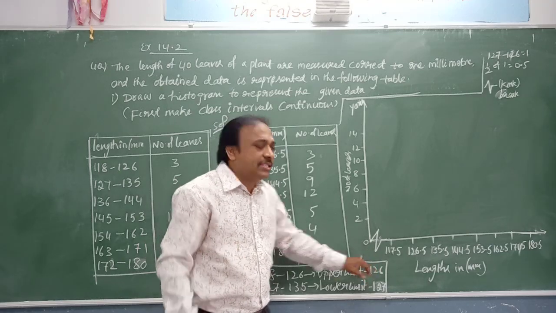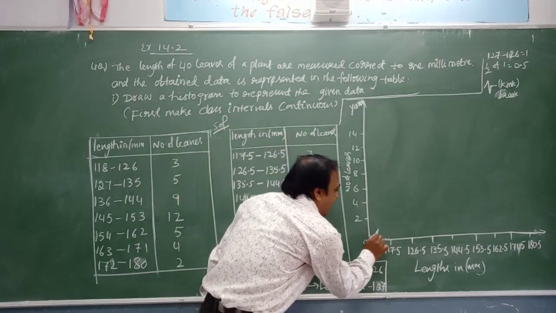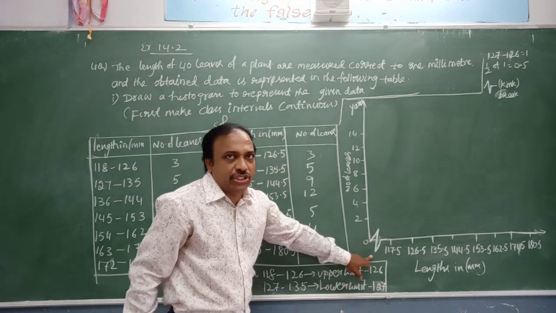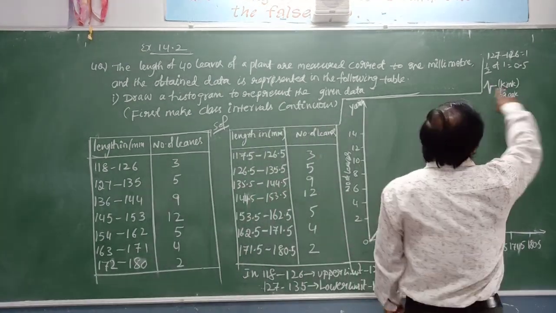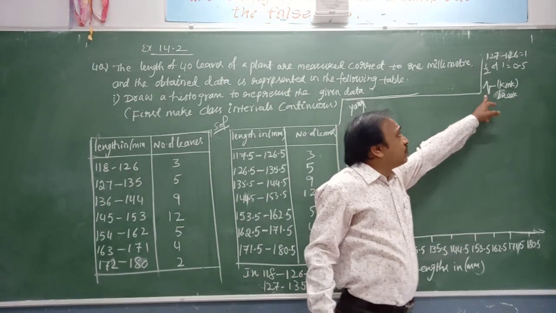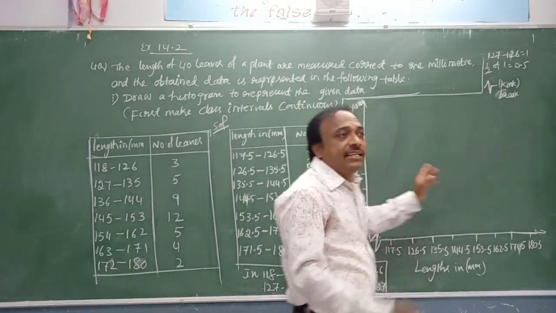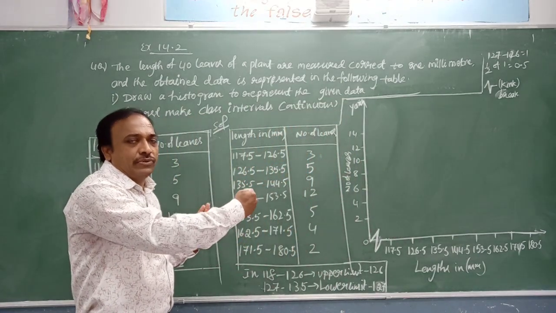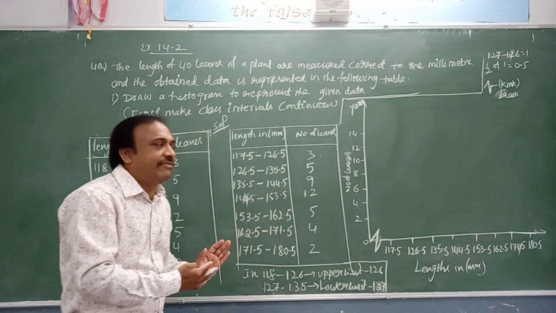For that purpose, we use what is called a kink line. This is how we represent a kink line, or jog line, or break line. It represents that there are values, but we are not representing those values.